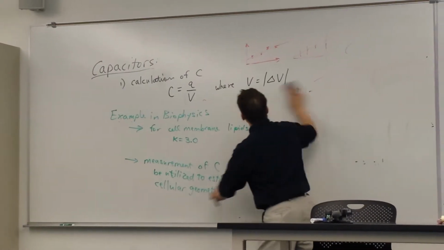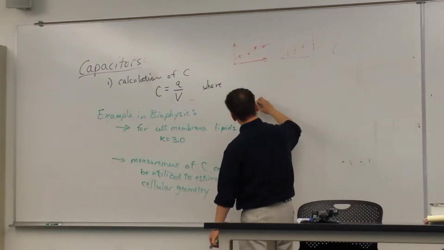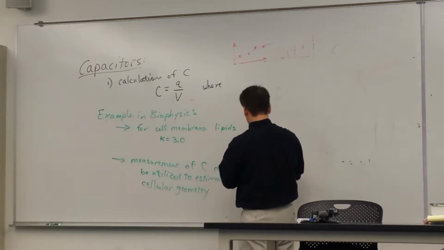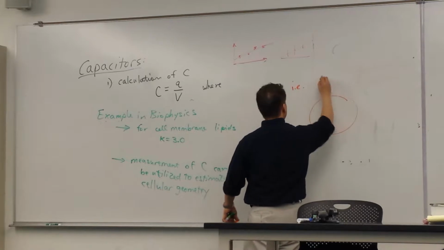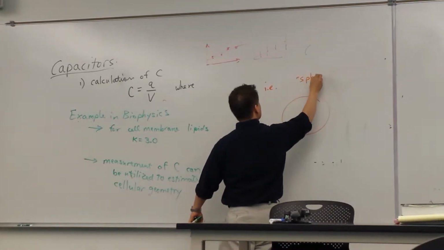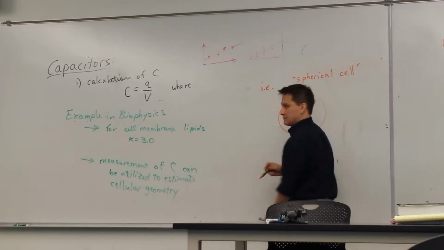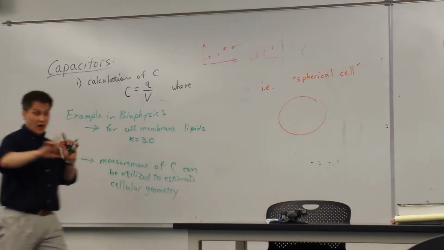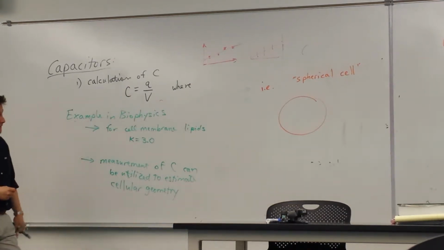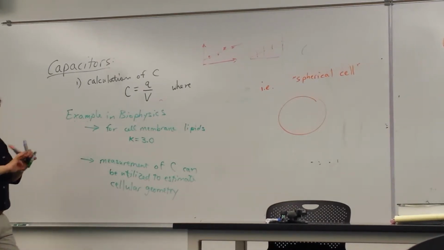Now, there's a couple examples of this. If you had a relatively spherical cell, kidney cell, most cells other than muscle cells, muscle fibers, or axons, nerve cells, motor neurons, for instance.